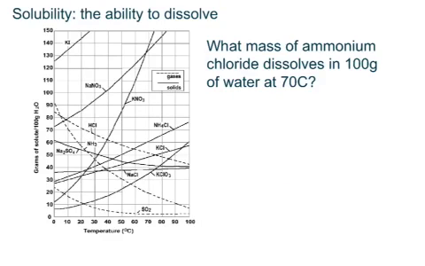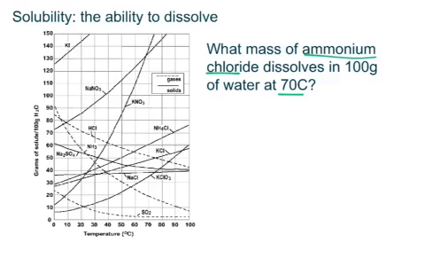If you're asked questions like the one here, what mass of ammonium chloride dissolves in 100 grams of water at 70 degrees, you really just have to find where the substance and the temperature match up. The 100 grams of water is just referring to the y-axis. The graph is basically saying, just assume that everything on this graph is happening in 100 grams of water.